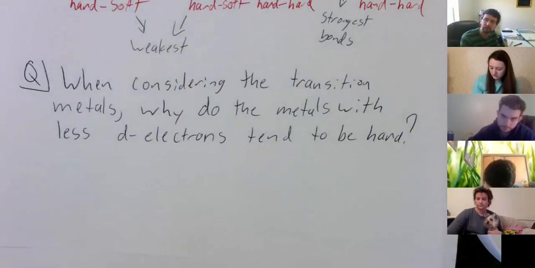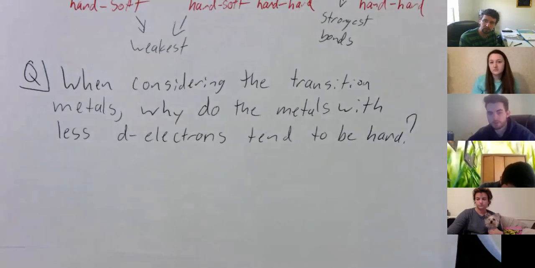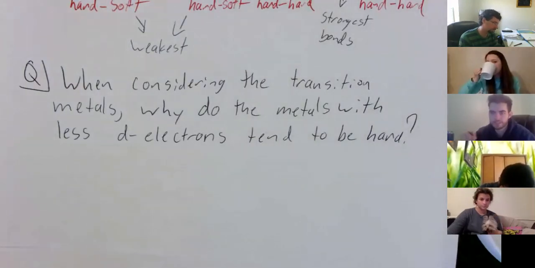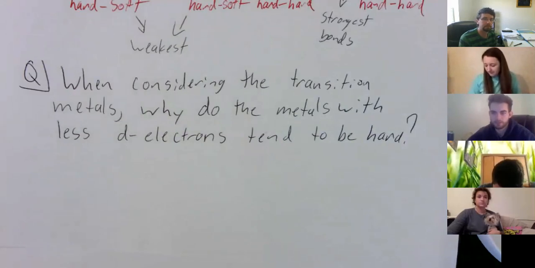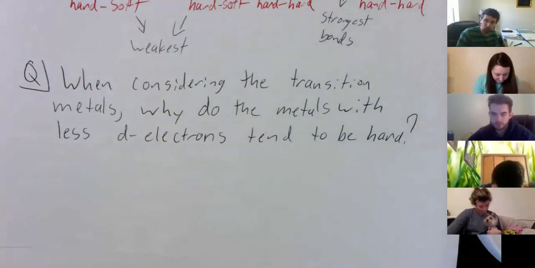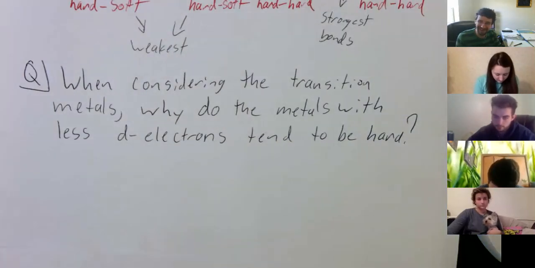Because in comparison, if you have more d electrons, any bonding overlap with the d orbitals is not going to be as good as many other overlaps or bonds. That could be true, but I want something more basic than that. When we're talking about hard and soft, what are we really discussing?